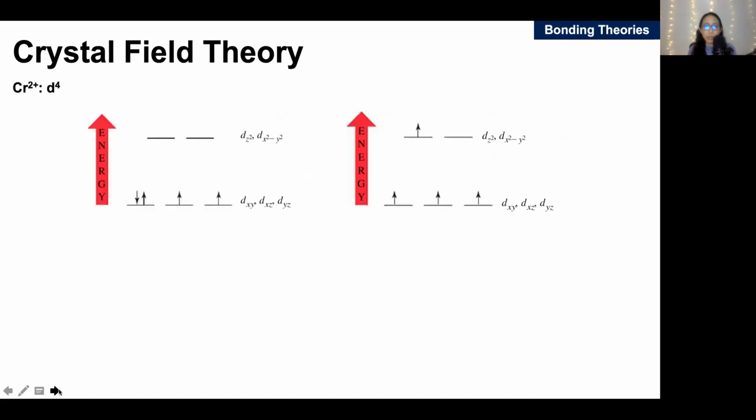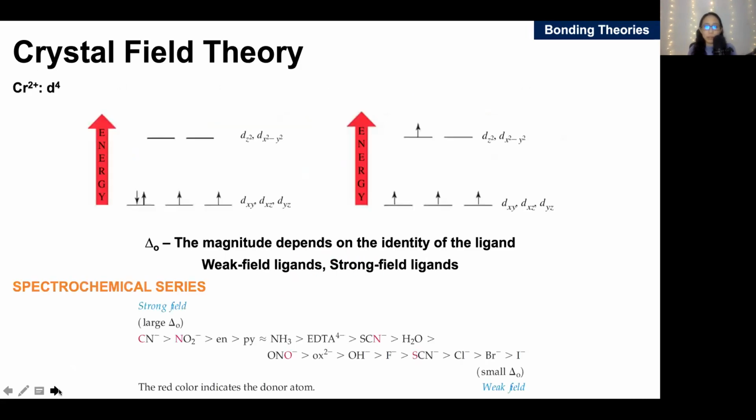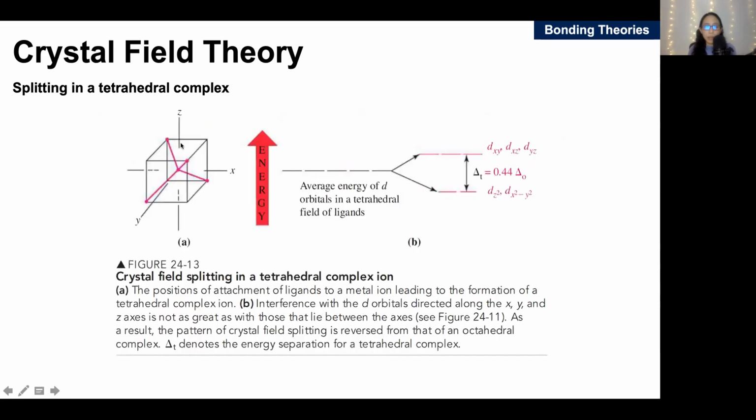So this is the structure of your tetrahedral. So just to give you an idea, if you imagine a cube, the ligands are found here, here, here, and here. And you have your central metal ion inside the cube. So those are the positions of your ligands. And if you imagine, they are almost head-on with your xy, xz, and yz d orbitals.